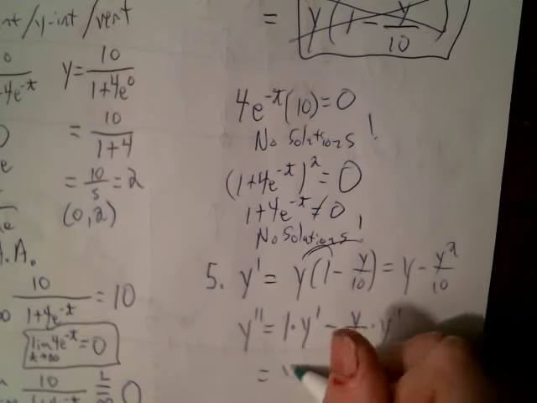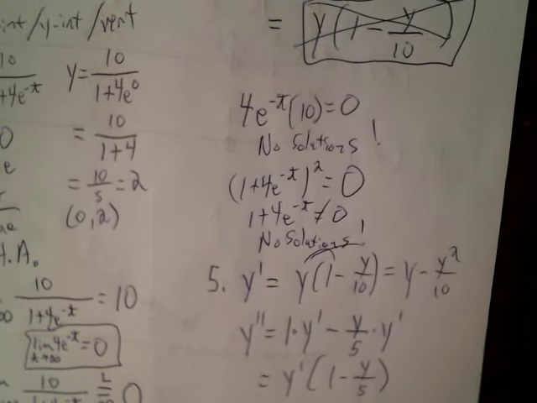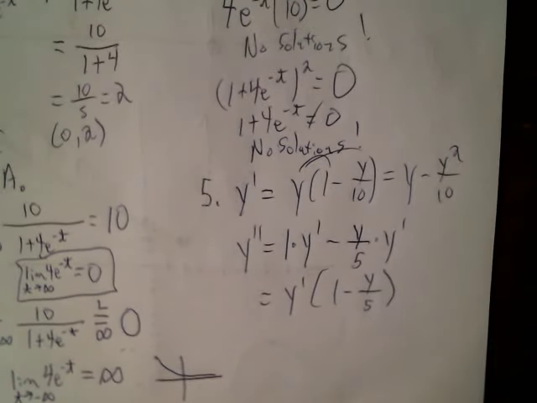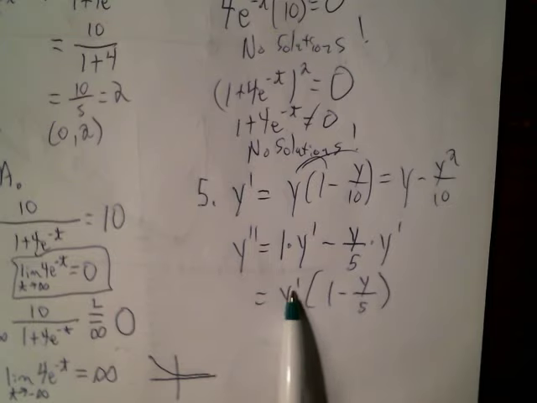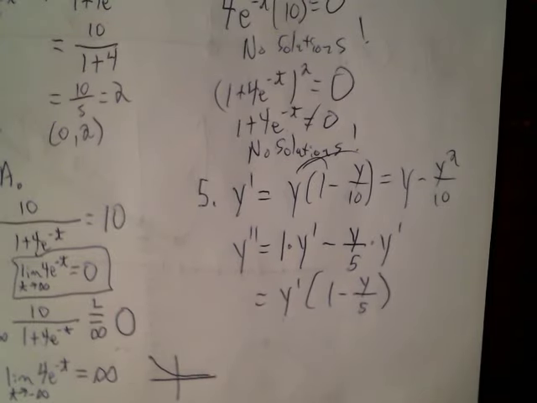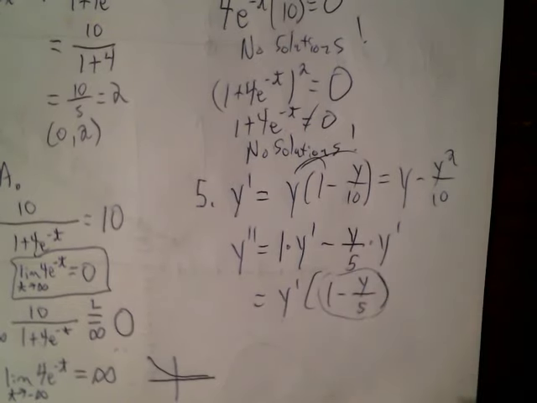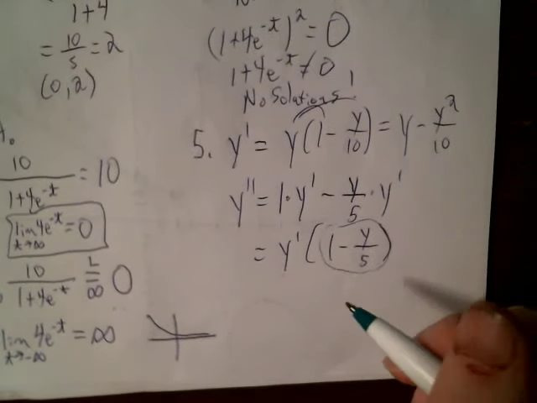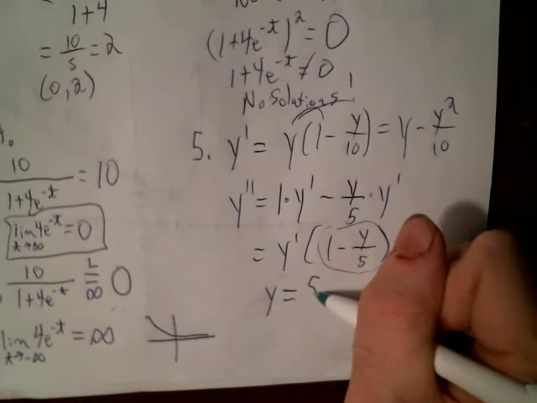So this will equal y prime times 1 minus y all over 5. And we already kind of know where y prime is equal to 0. It's not, right? So we can exclude that factor and throw that out the back door, and just look at this part of it. So where is y over 5 equal to 1? In other words, where is y equal to just plain old 5?